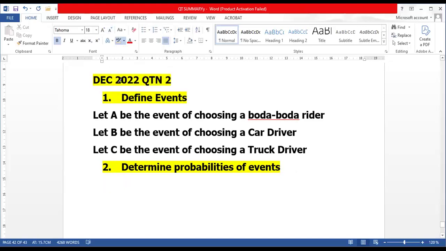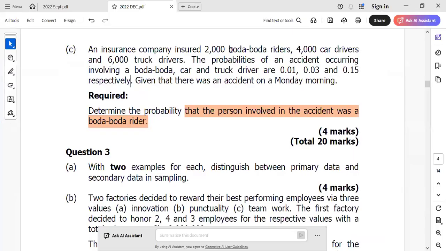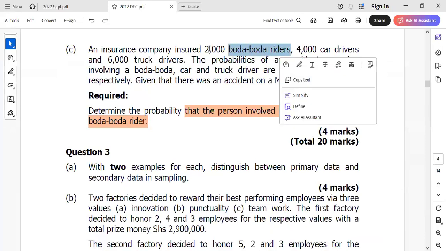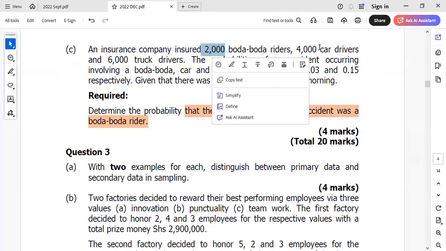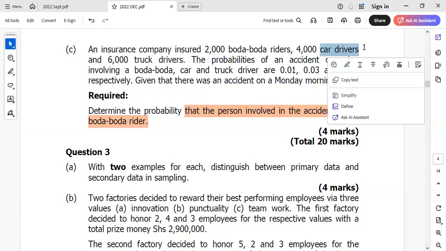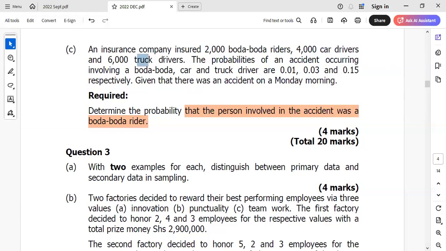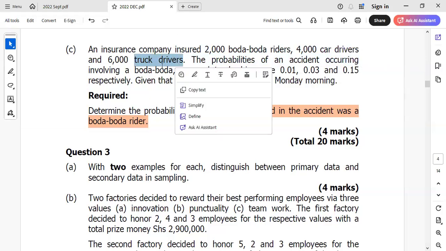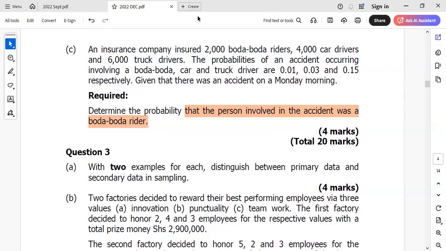And when you look at the question, we are given the total number of border riders that were insured. Like here, there are 2,000. We are given the total number of car drivers that were insured. We are also given the total number of truck drivers that were insured.